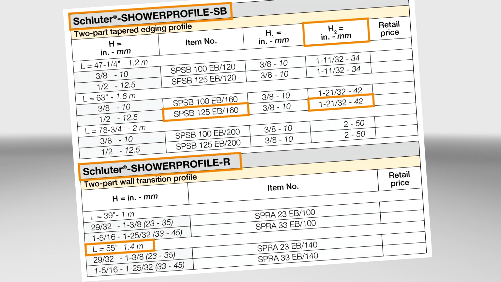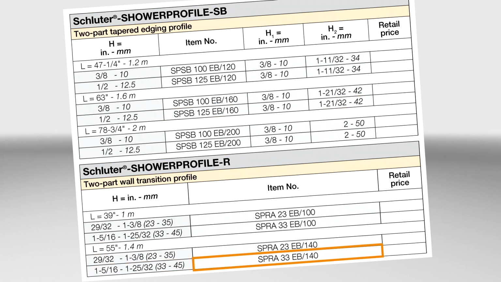Moving back to the shower profile R section in the price list, we need to select the range that will accommodate that H2 value. We select the profile that accommodates a maximum height of 1 25/32 of an inch. So again, we will choose the SP-RA 33EB/140 for the shower profile R.